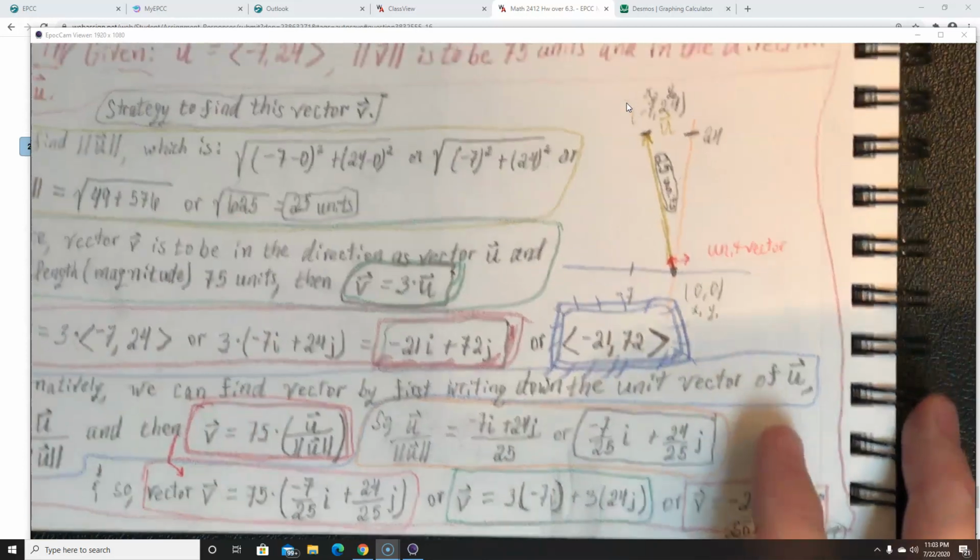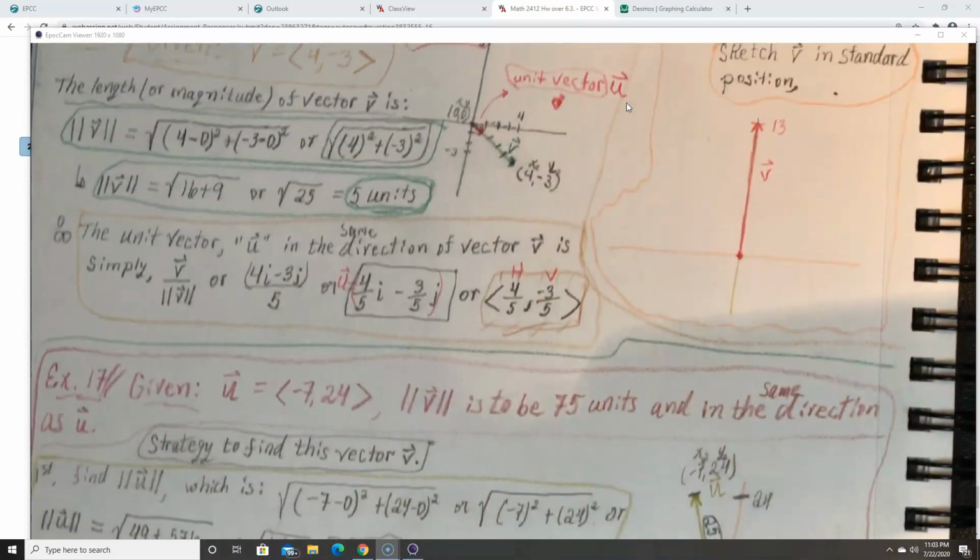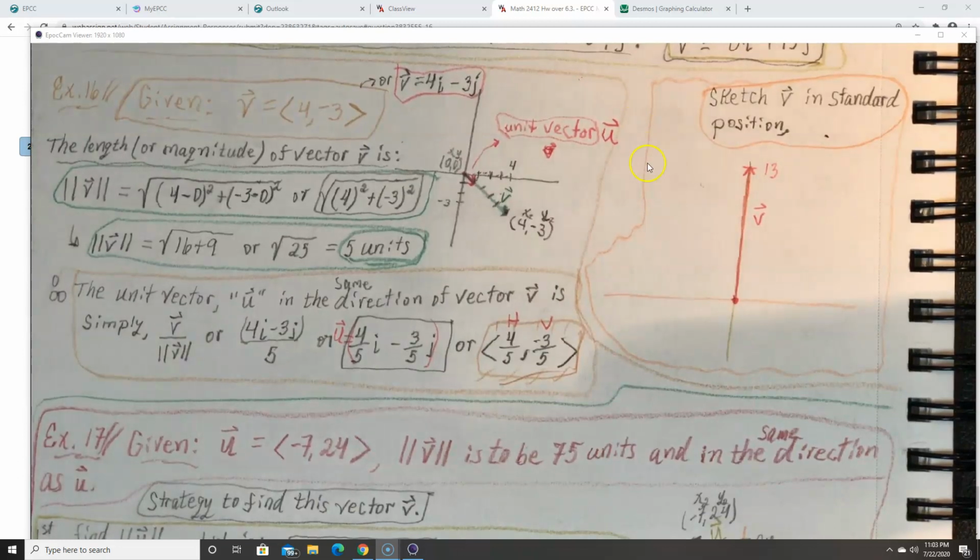Like on the problem a few minutes before, for this one, we took this vector 4, negative 3, and divided it by its own length, which is 5 units. You took the vector divided by its magnitude, which is divided by 5, and that gave us the unit vector that's in the same direction as vector v.